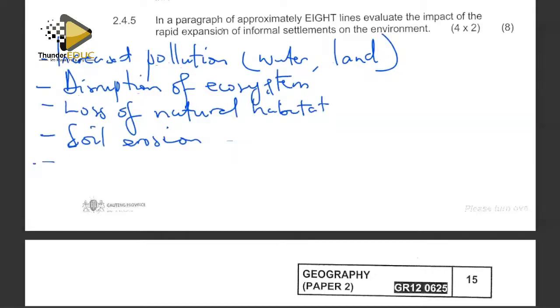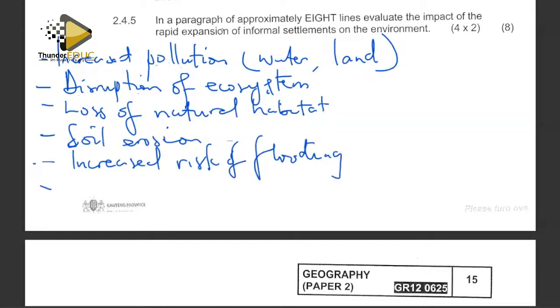Then we can also look at increased risk of flooding. Other aspects like loss of biodiversity. Those are some of the impacts, mainly on the natural environment.